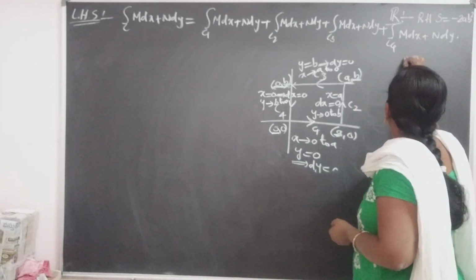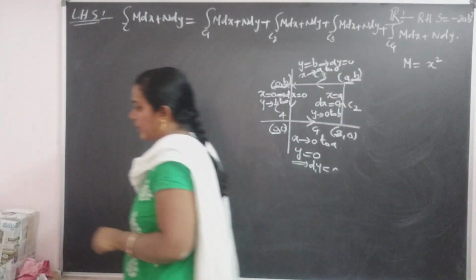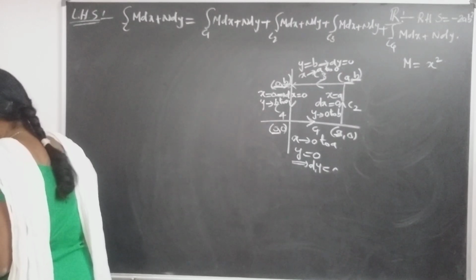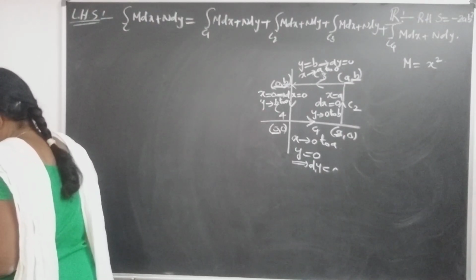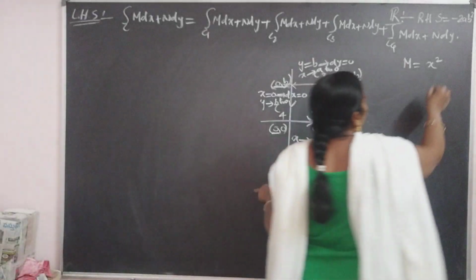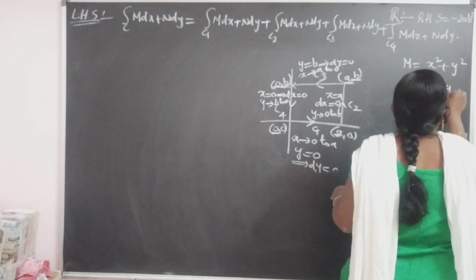Here m is equal to x square plus y square, n is equal to minus 2yx.